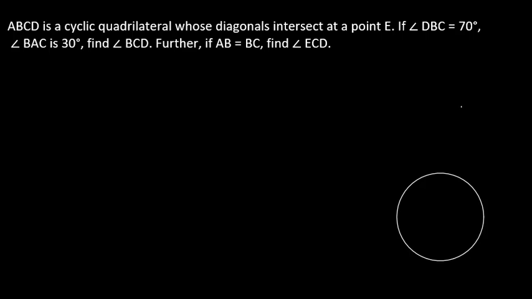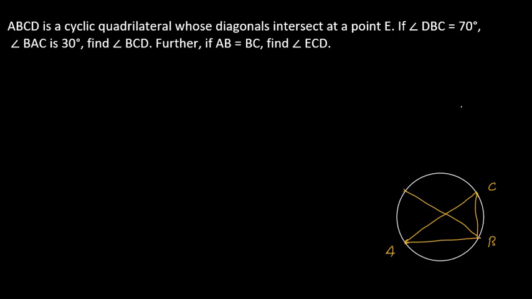So I will take point A here, take point B here, and BAC, this angle is going to be 30 degrees. So let us take point C here, and angle DBC is 70 degrees. So I will take point D somewhere here, so that if I join D, B and C, I will get an angle of 70 degrees.